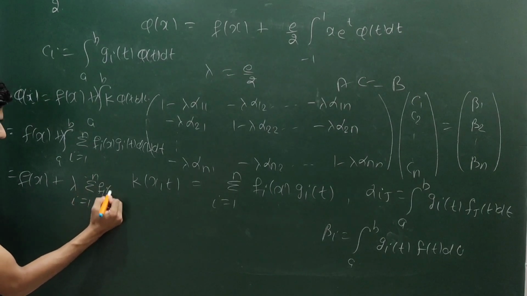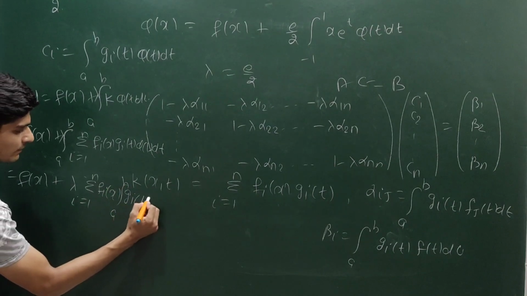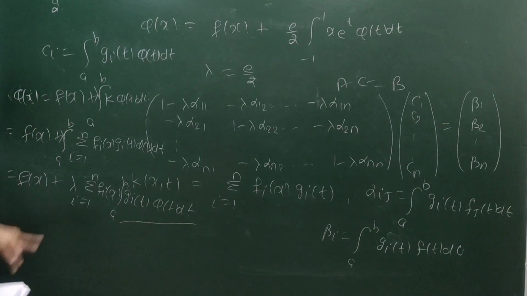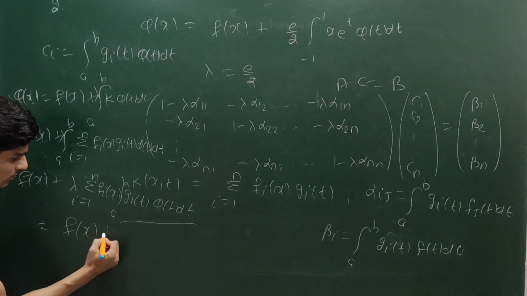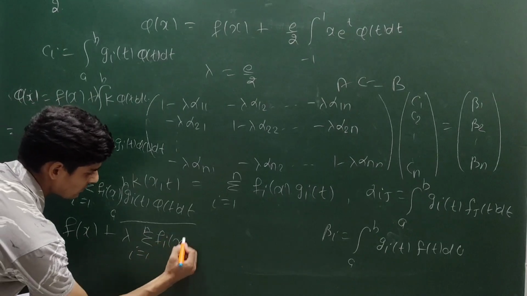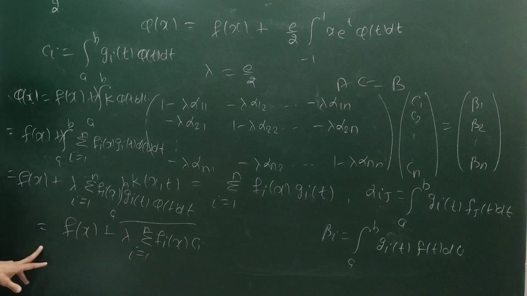So it will be f_i(x) times the integral a to b of g_i(t) phi(t) dt. So I just assume this value as c_i. So c_i is this. So you will have f(x) plus lambda summation i running from 1 to n of f_i(x) c_i. If you are aware of the c_i's, you are aware of your solution.